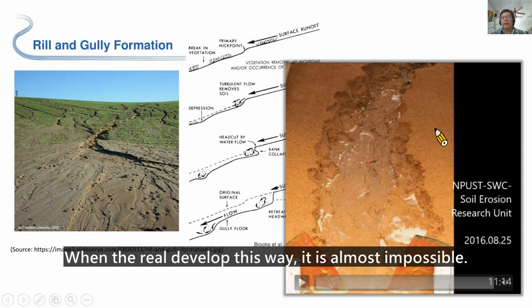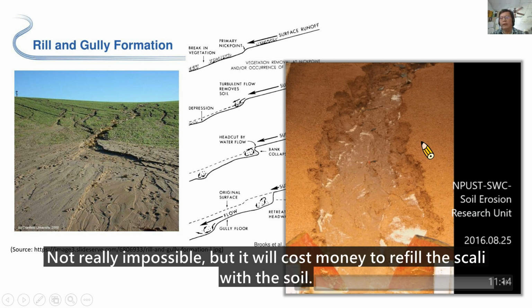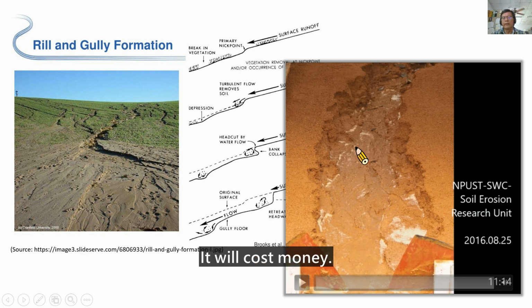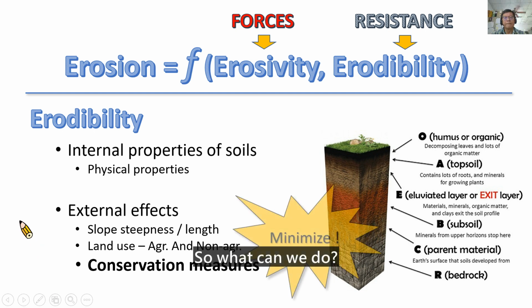When the rill develops this way, it is almost impossible, not really impossible, but it will cost money to refill this gully with soil. It will cost money. So what can we do?